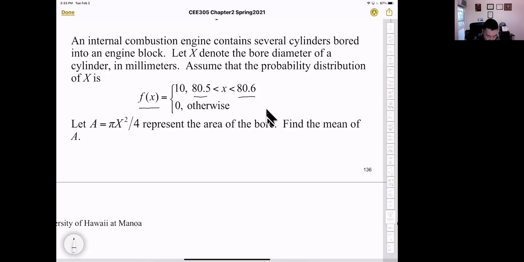And A is the area of the bore, which is a function of the diameter. So A is a function of x. The question is asking for the mean value of the area.